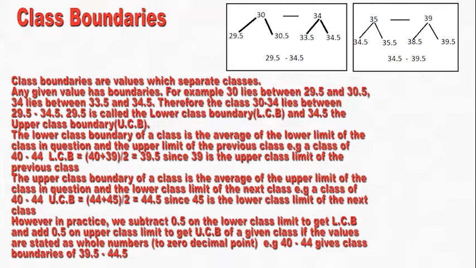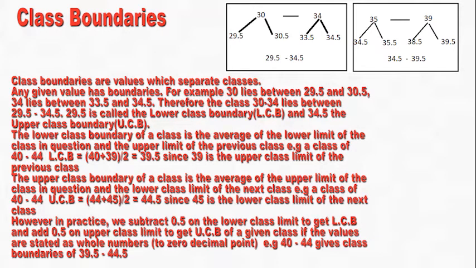The lower class boundary of a class is the average of the lower limit of the class in question and the upper limit of the previous class. For example, for a class of 40 to 44, its lower class boundary will be 40 plus 39 divided by 2, which is 39.5, since 39 was the upper class limit of the previous class.